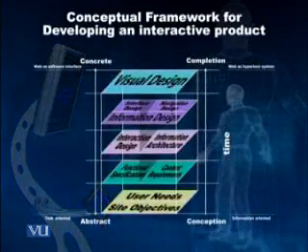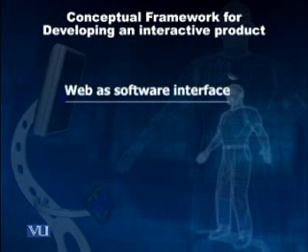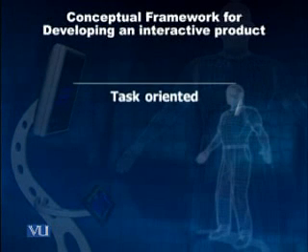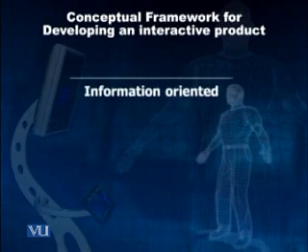So such systems are known to be information oriented. So if we look at the web as a software interface, then it is task oriented. And if we look at the web as a hypertext system, it is information oriented.